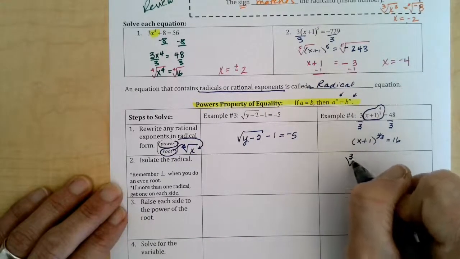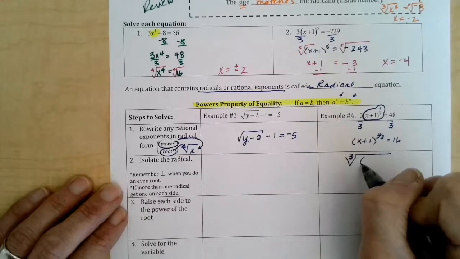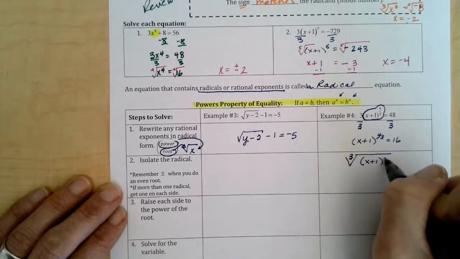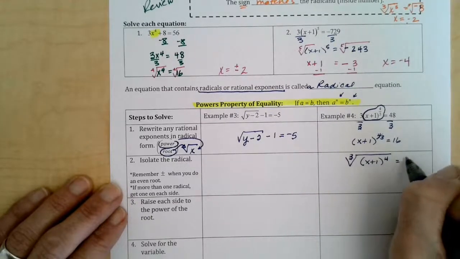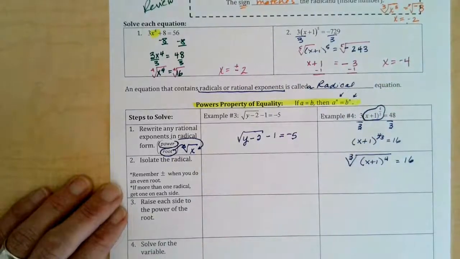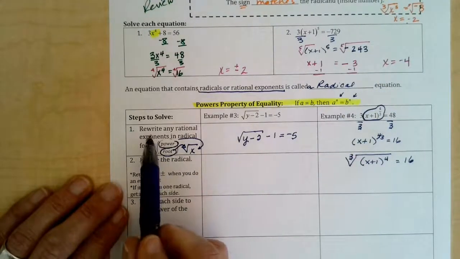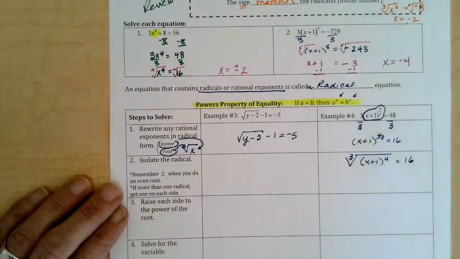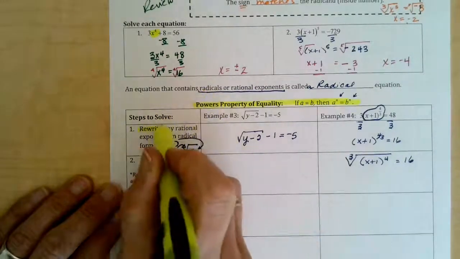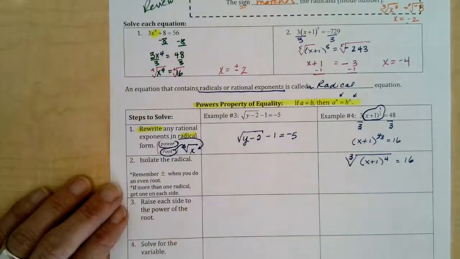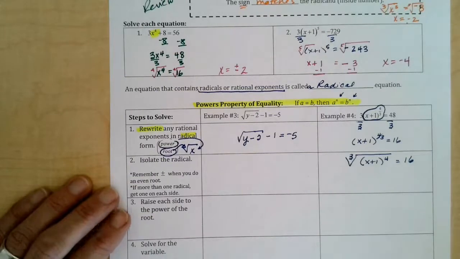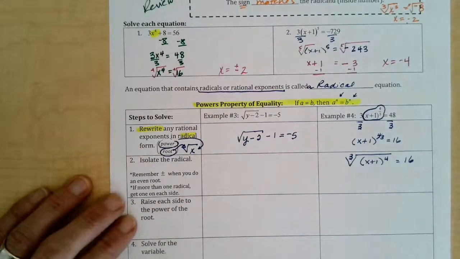So my cube root goes in my index, my x plus 1 is to the 4th power, and of course my 16 stays put. So when we rewrite any rational exponents, we're going to go ahead and put them into radical form for this part. All right, isolate the radical, done.